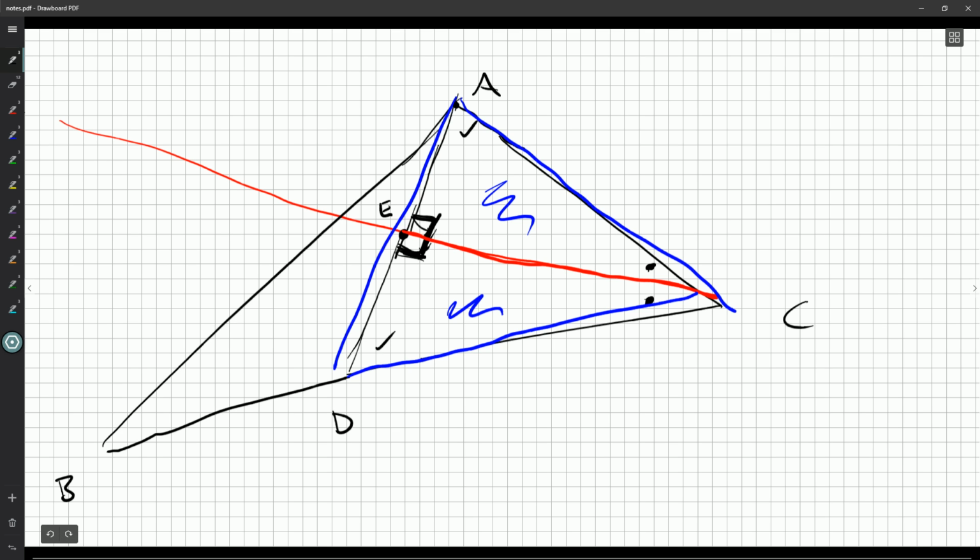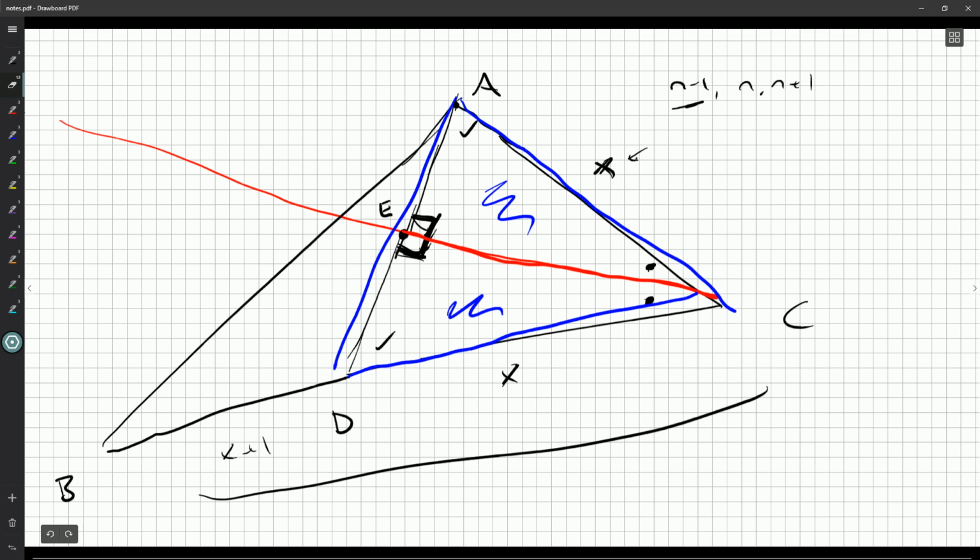So what can we do here? Well, I know the sides start to look like n minus 1, n, n plus 1. I don't know which side is which, although whatever this side is, BC is bigger than it. So if you call this x, this has got to at least be x plus 1, possibly x plus 2 if this one's supposed to be the n minus 1.